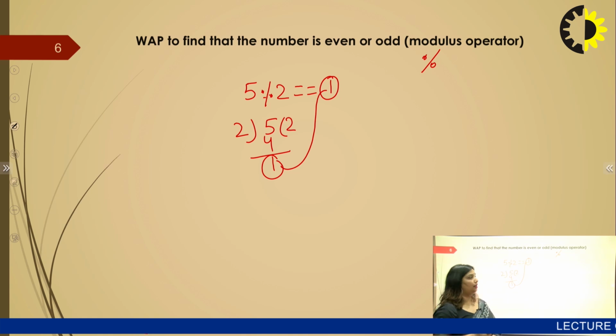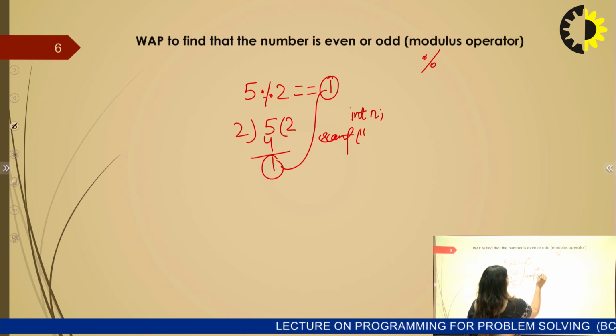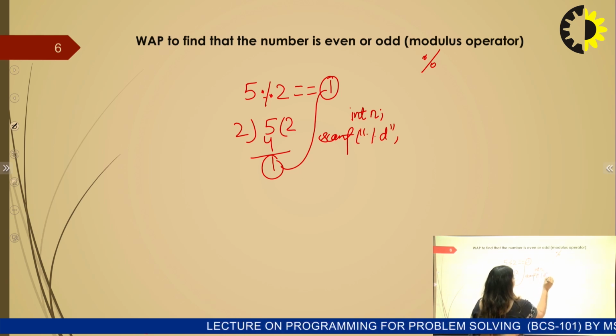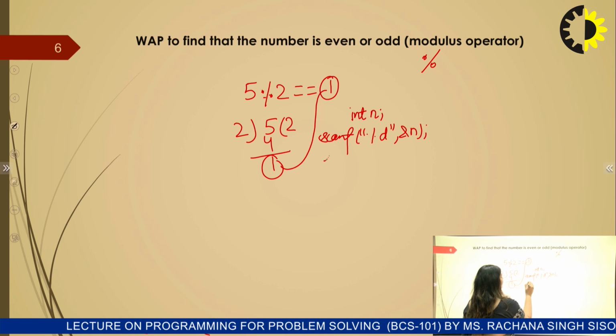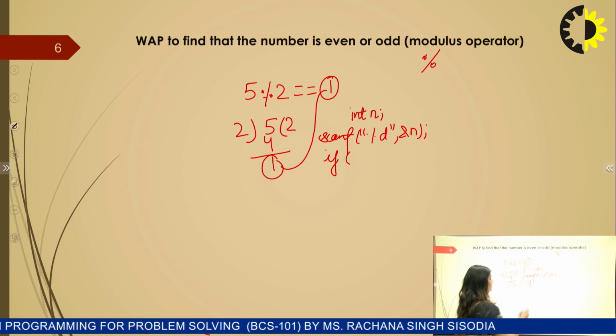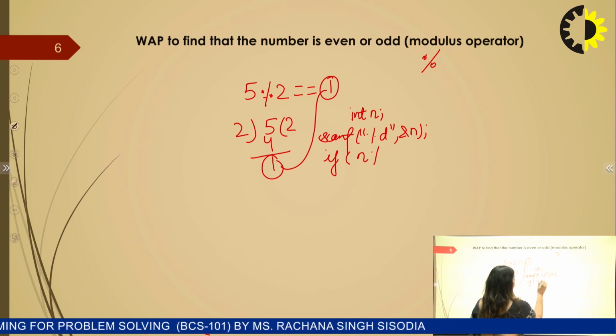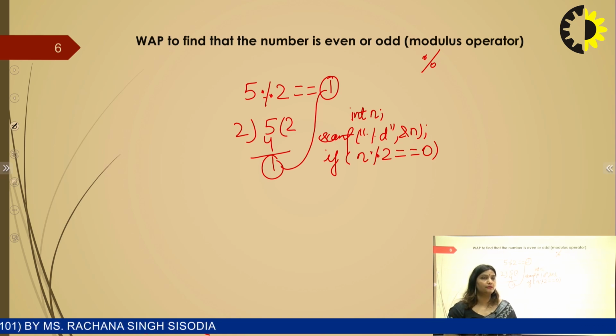So we will declare a variable n and scanf %d ampersand n, just to enter the value of n here, and we will use an if condition: if n modulus 2 is equal to 0, meaning the number is completely divisible by 2, then it is an even number.